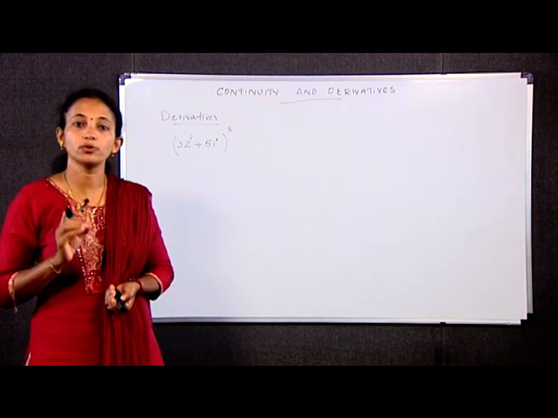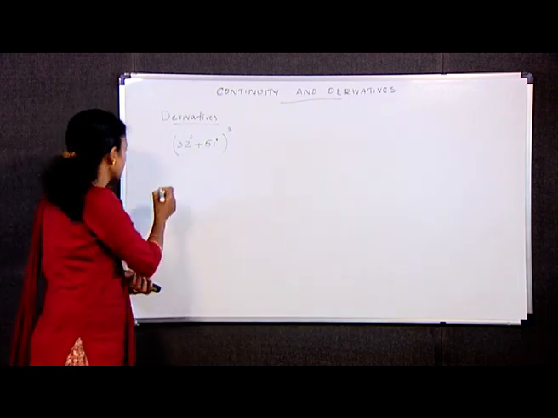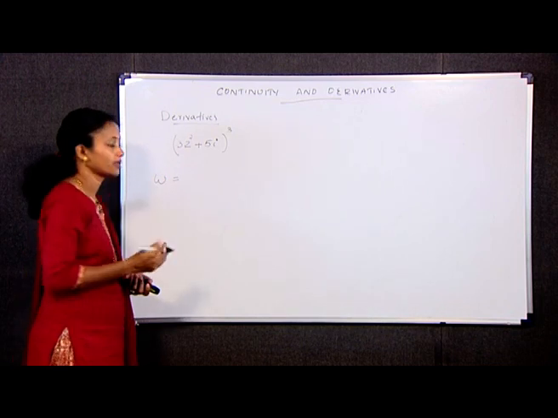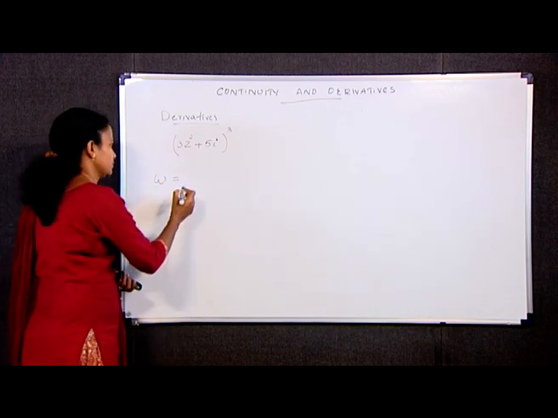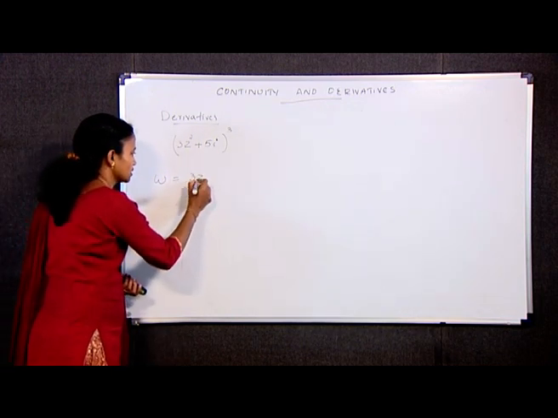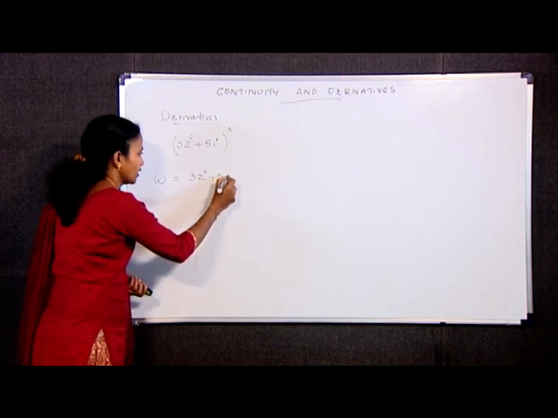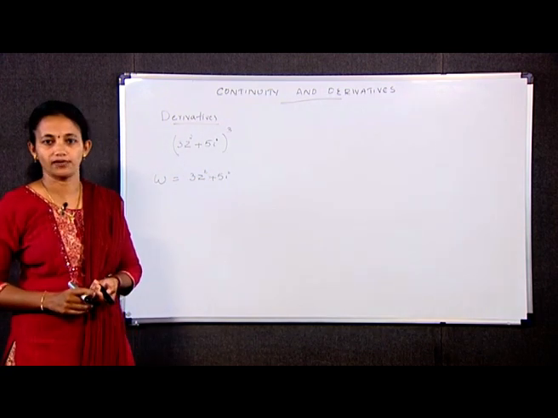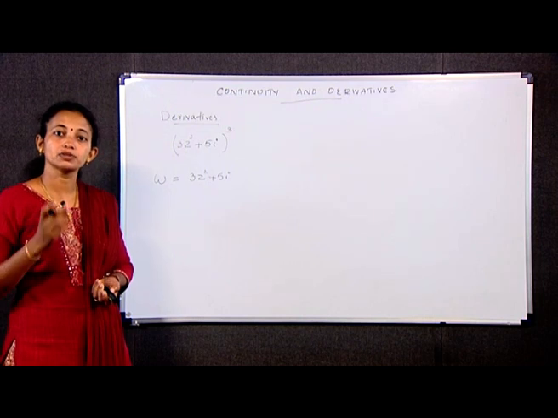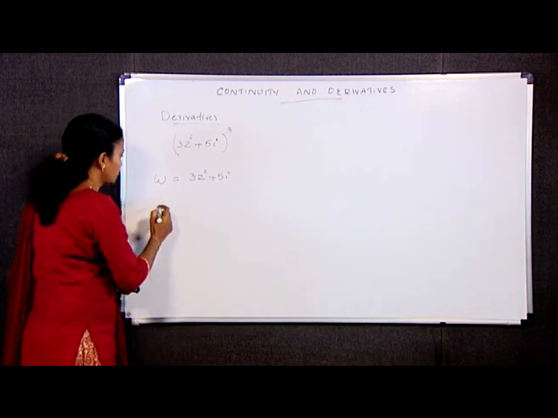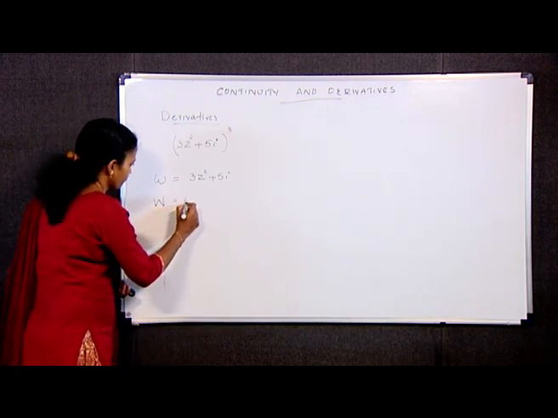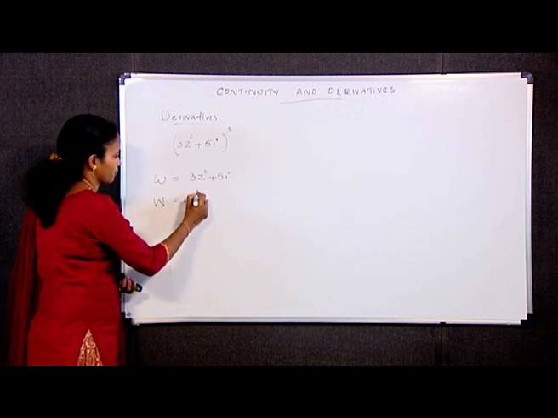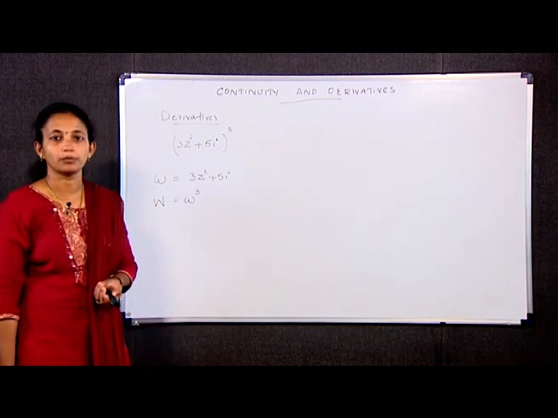We write w is equal to 3z square plus 5i, and capital W is equal to w cube.